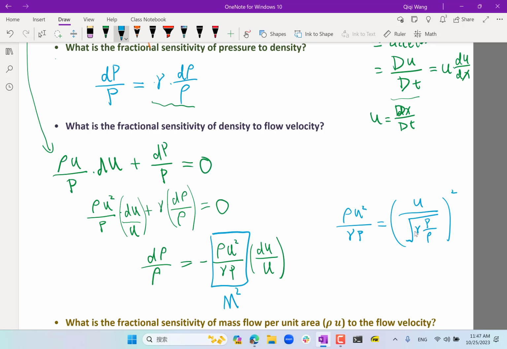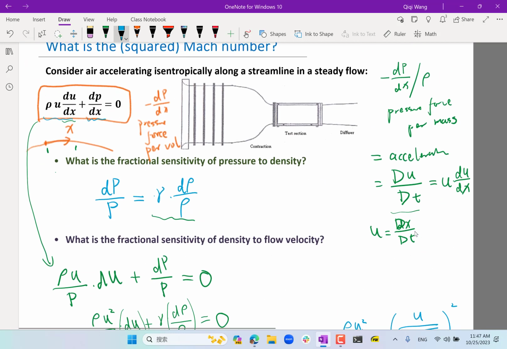It's noticeable, right? So remember, when we were visiting the wind tunnel, I was asking a question about the contraction. Remember the contraction has a ratio of 8 to 1, right? How much does the velocity increase? A lot of you answered a ratio of 8, right? Because you used conservation of mass. If the density did not change, then the area times velocity is going to be exactly the same here and here.